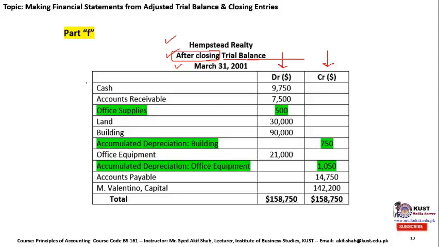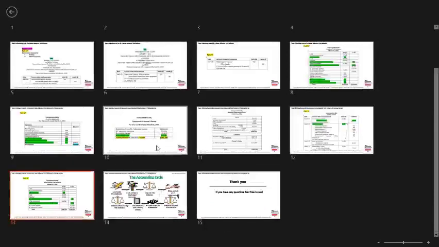So we have taken up all the values from the adjusted trial balance except the final one, which is the M. Valentino capital. The reason is that we have already made the statement of owner's equity. So after making the financial statements, we have to follow those constructed financial statements for the later steps.